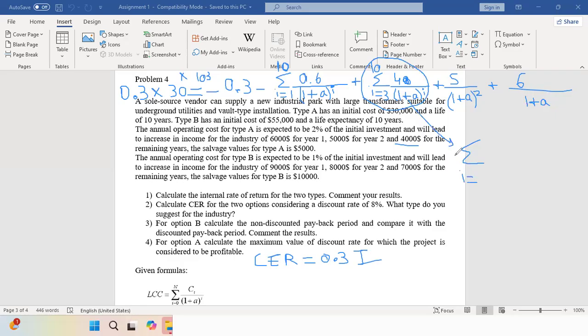I can take 4 outside, 4 times the summation from 1 to 10 of 1 over 1 plus A to the power I, and I subtract the first 2 terms, minus 1 over 1 plus A minus 1 over 1 plus A squared.